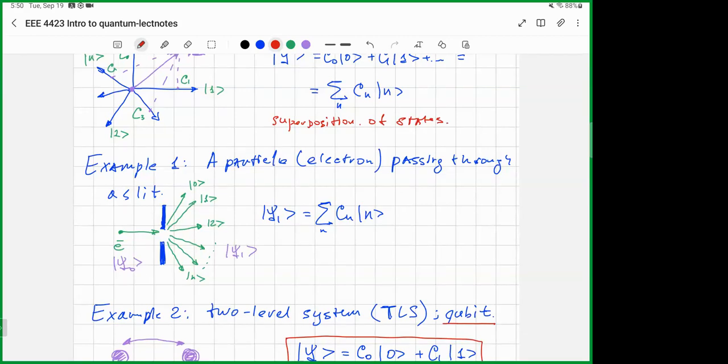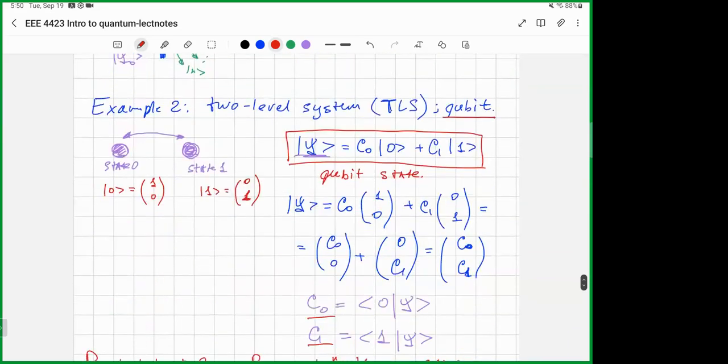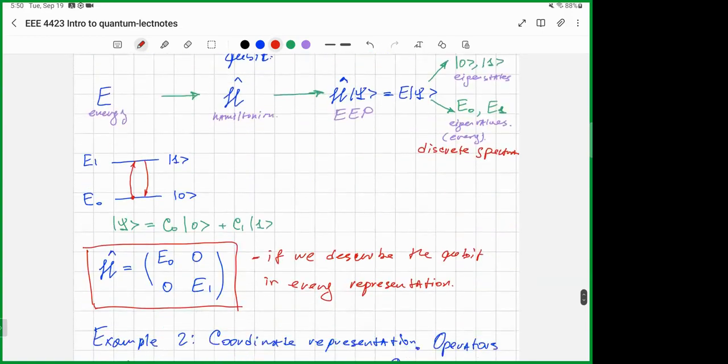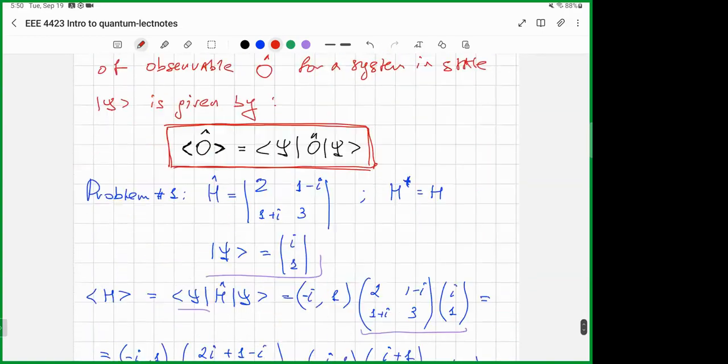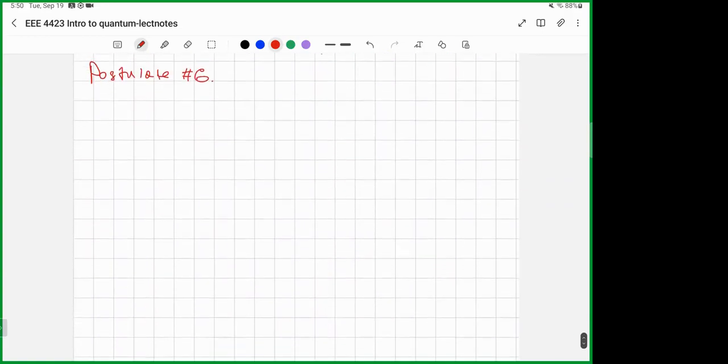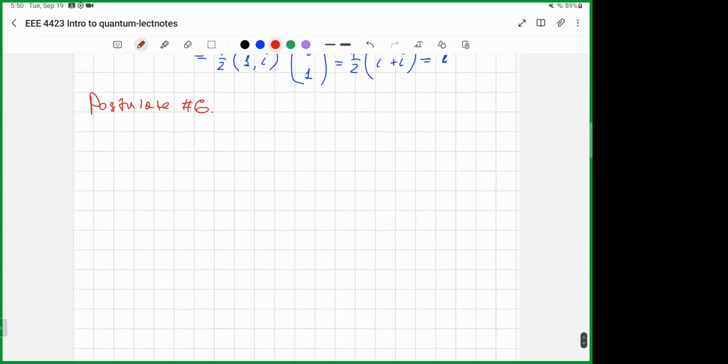Hence measuring the coordinate affects the state of momentum, and likewise, measuring the momentum changes the coordinate. So this postulate states that in quantum mechanics, not all quantities are measurable simultaneously, at the same time.